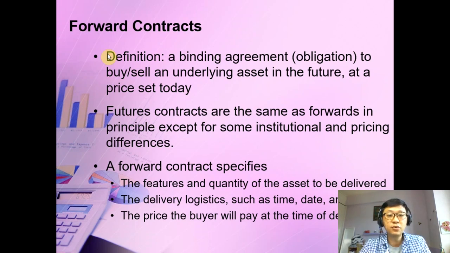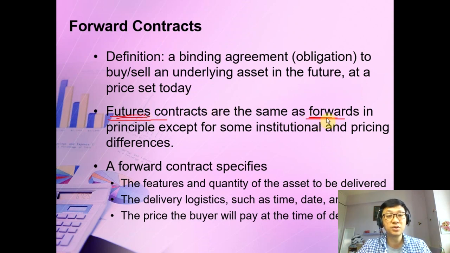So you can see the futures contract is quite similar to the forward contract. Futures contracts we'll be talking about in the next chapter. They are quite similar, with the exception that forward contracts are usually over the counter, as I mentioned, whereas futures contracts are usually tradable at the stock exchange.